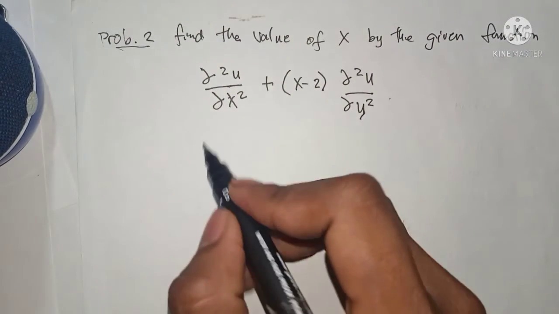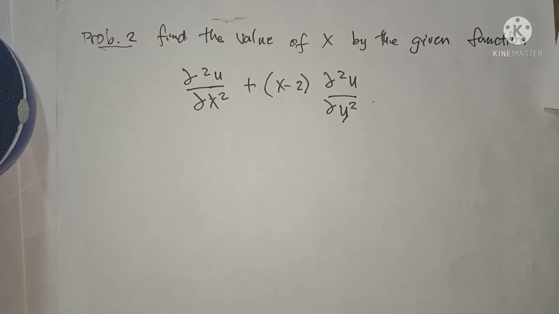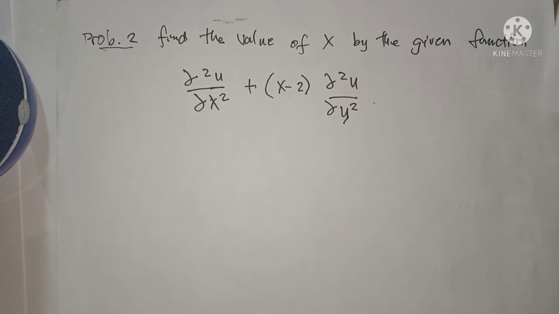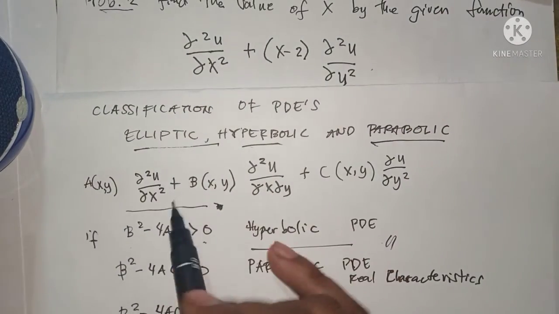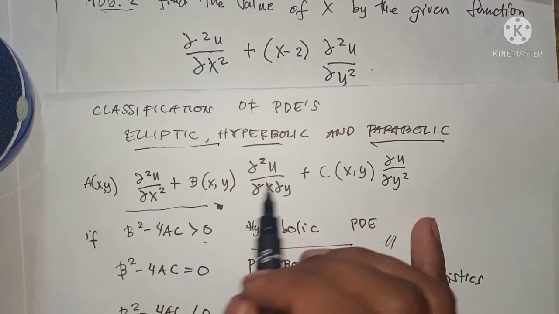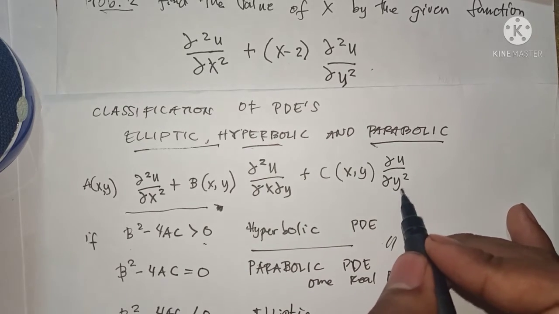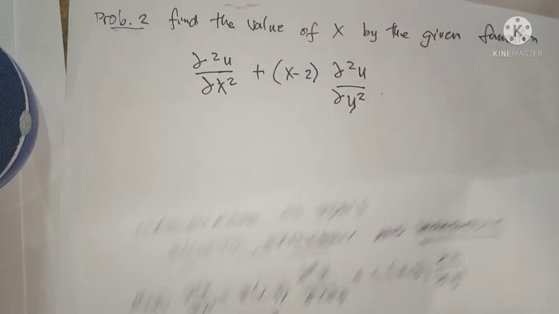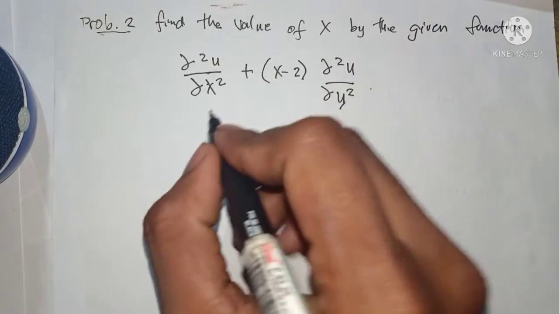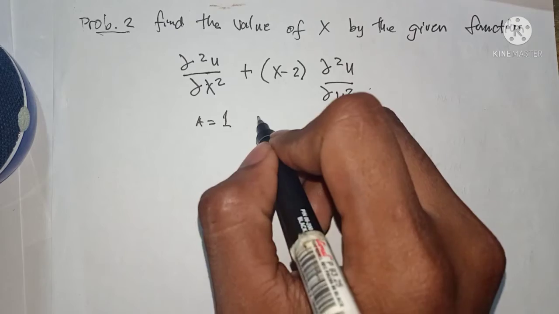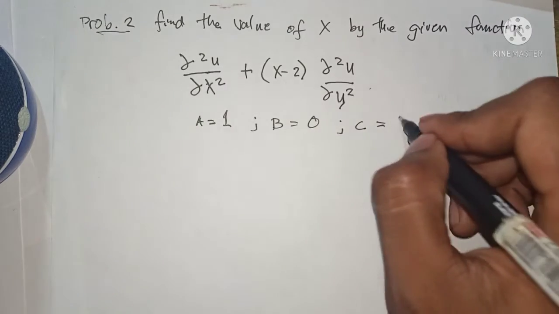Based on our formula, the classification in the general equation, d x squared is a, dx dy is b, and dy squared in the denominator is c. In this second problem, there is no b term, so our a is equal to 1, our b is 0 because there is none, and our c is x minus 2.